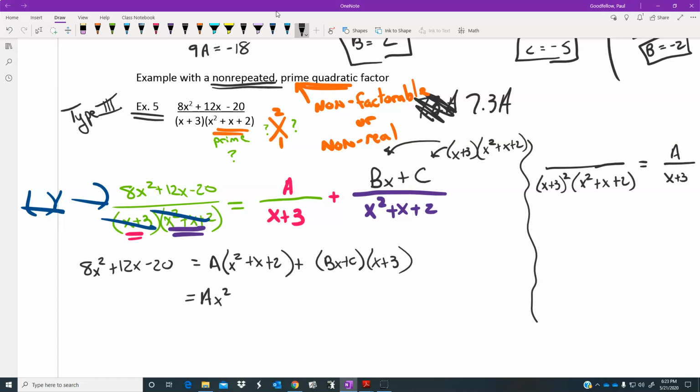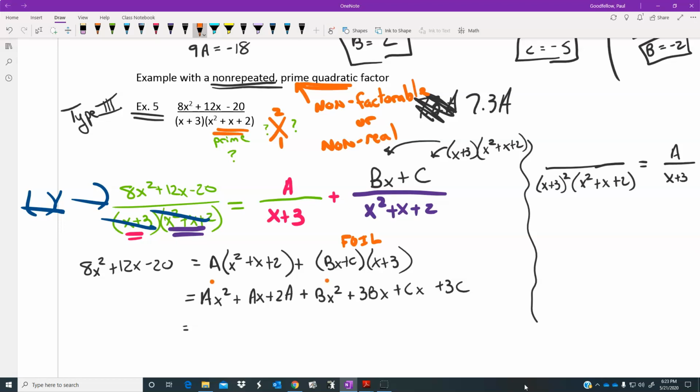So Ax squared plus Ax plus 2x, 2A, plus, now over here with this Bx plus C, it is very common, since this is already a binomial and the binomials might be left over, that we will have to FOIL these kind of things together to get the simplified version. So I'm seeing a Bx squared with a 3Bx, then the interior one would be a Cx, and then finally plus 3C.